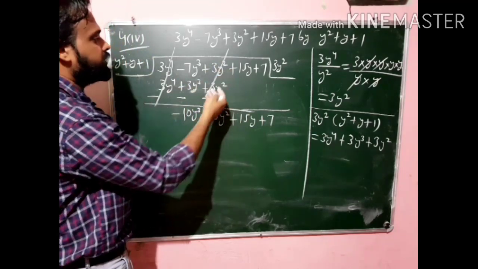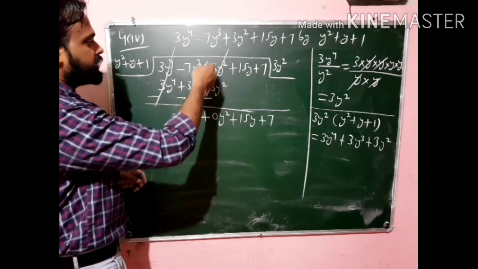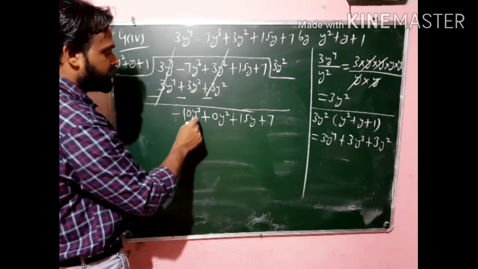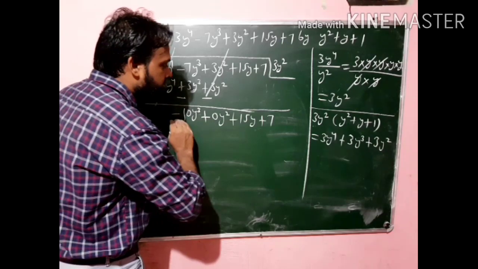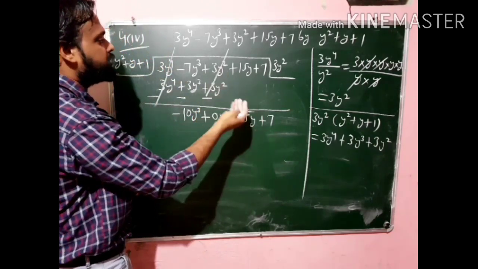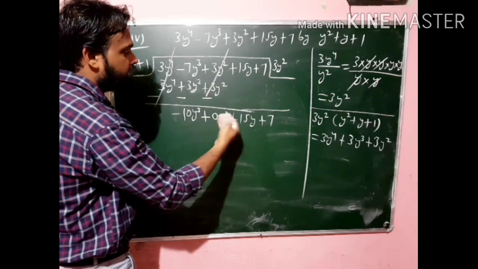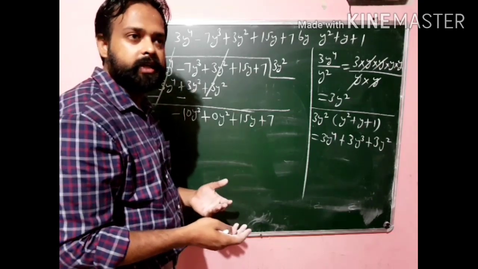Although it is cancelled because this is plus 3 and this is minus 3, both terms are cancelled out with each other, but you have to write this one also because we still have a term which has power 3. So we have to complete the polynomial by writing 0 here. Of course we can take it this way also, 3 minus 3 is 0, so we can write 0y square plus 15y plus 7. I hope this is clear to you.